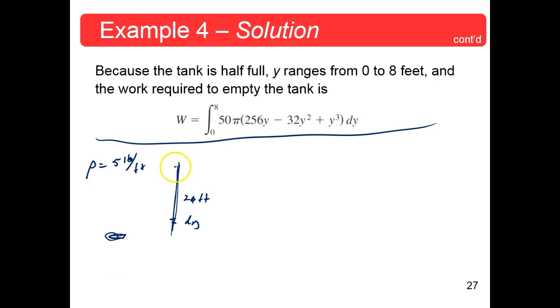Now the very top one you're lifting 20 feet, but the last one down here basically isn't getting lifted at all. So you've got a variable lift here. Every foot that you go up, your dy is measured in feet, the length that you lift. Let's call this length that you lifted y, and the y is going from 0 to 20.